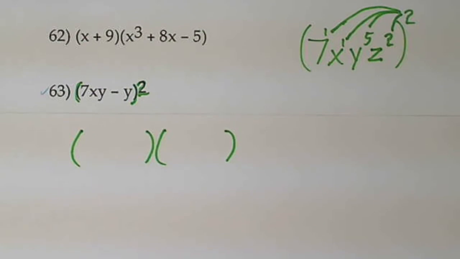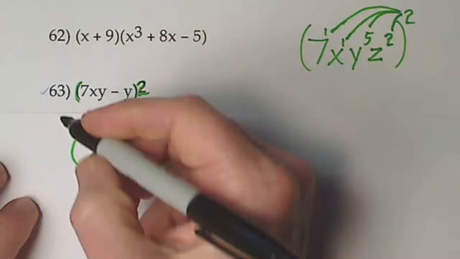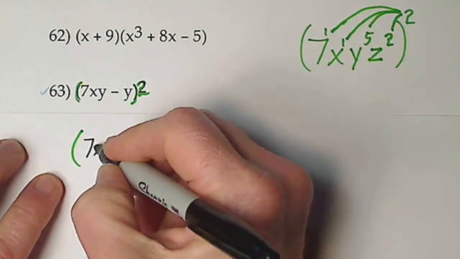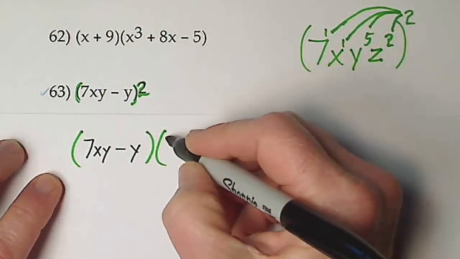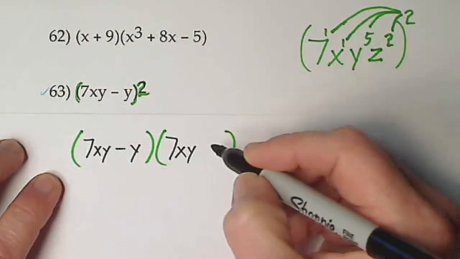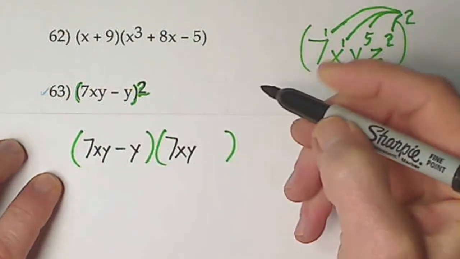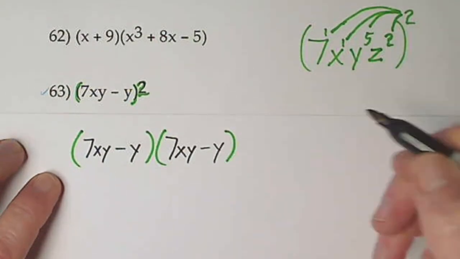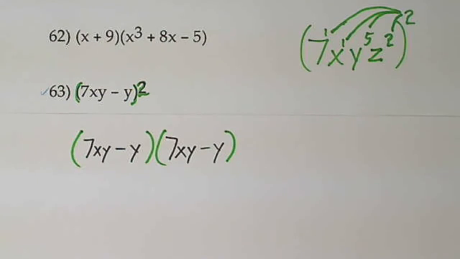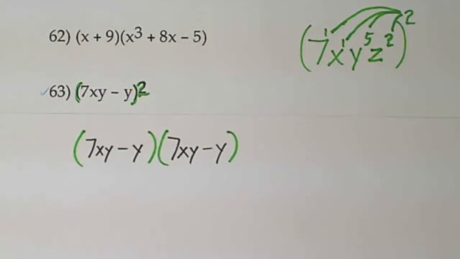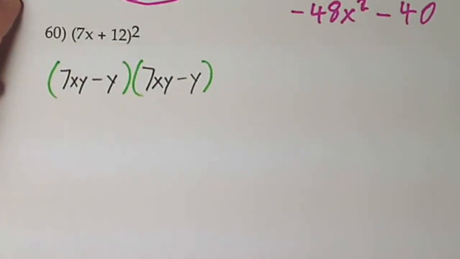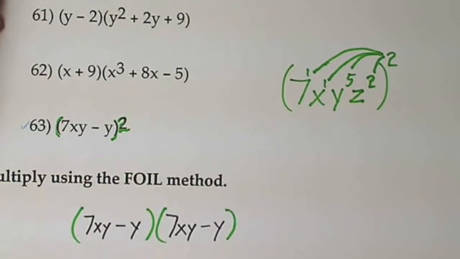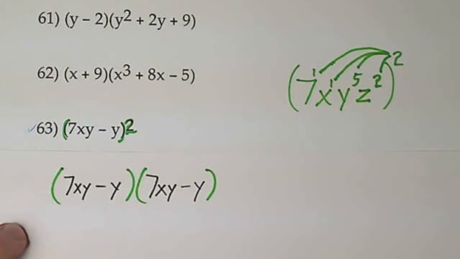And inside parentheses, we have 7xy and minus y, or negative y, however you like to say it. The meanings really are the same. And now this looks like number 59 that you did earlier, right? Okay, so this is number 63.